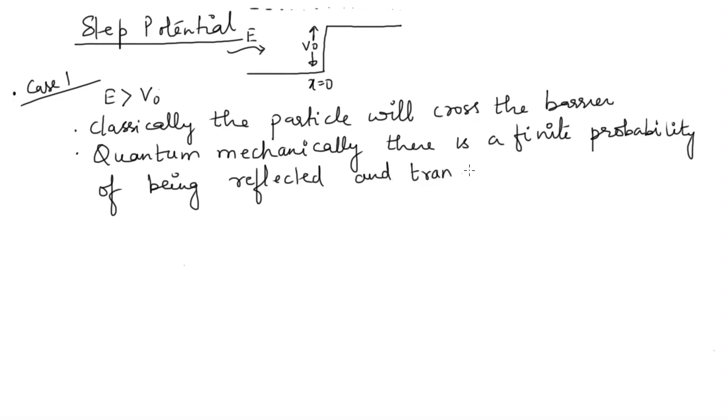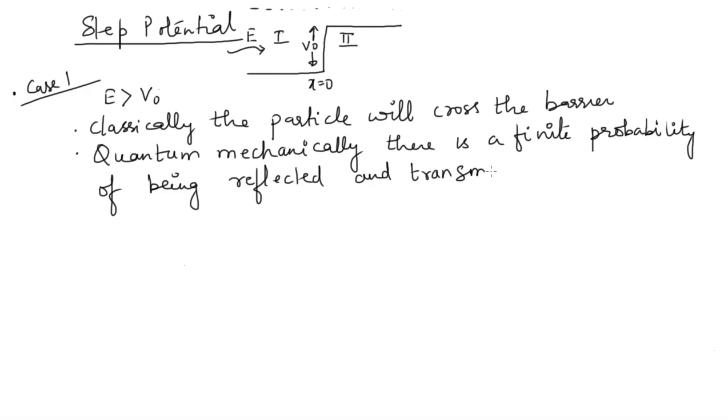And this we saw by calculating what are known as reflection and transmission coefficients. We have done in detail that these coefficients are defined with the help of probability currents. And I showed you that the probability current is conserved both in region 1 and 2.